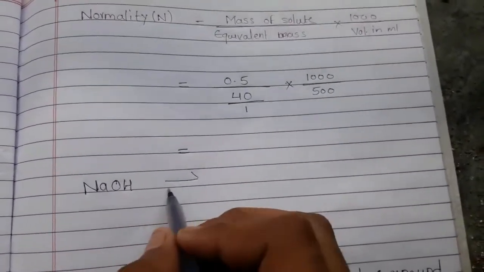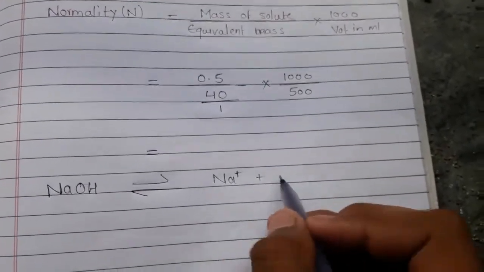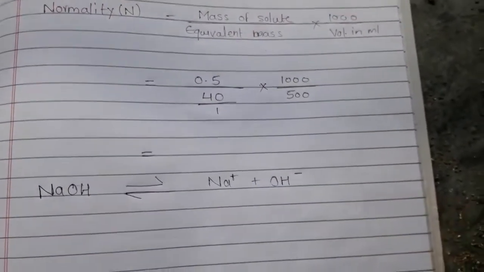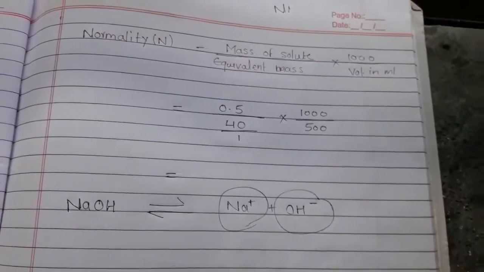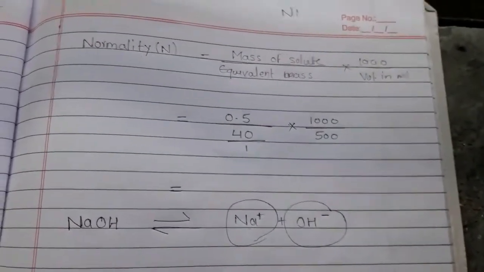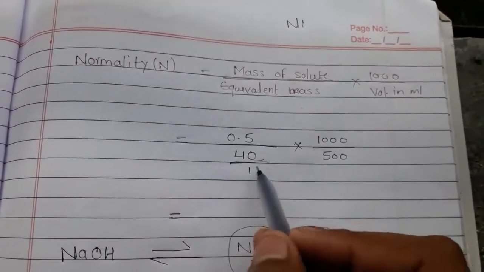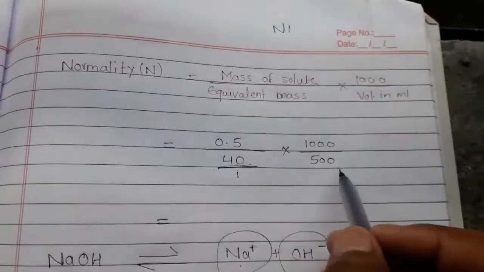When NaOH gets dissolved in water, it gives Na plus ion as well as OH minus ion. So we are getting one positive ion and one negative ion, which means only one ion is there. So we divide the molecular mass by 1 and get 40 itself, into 1000 by 500.